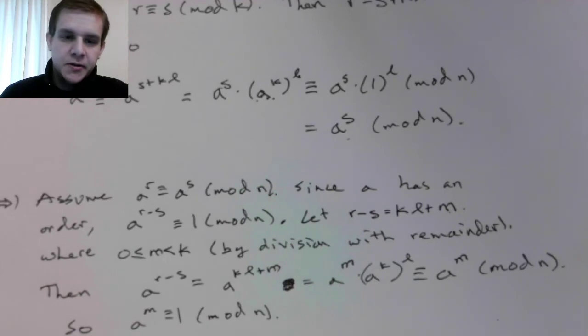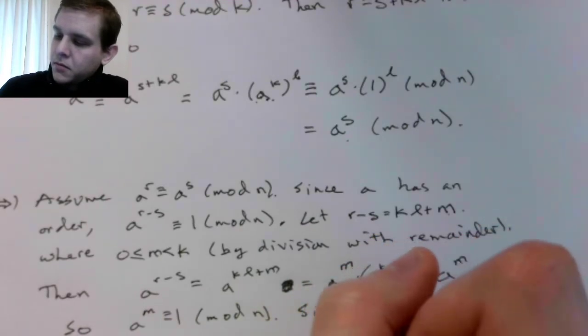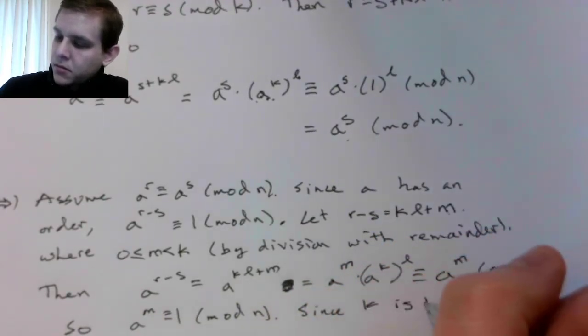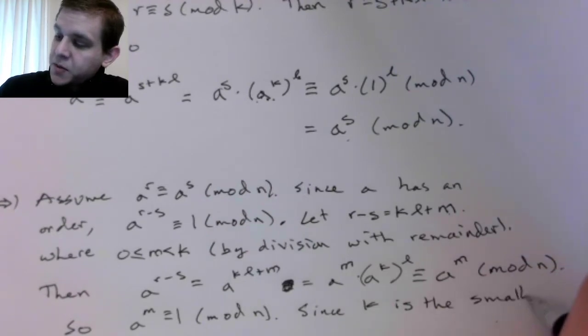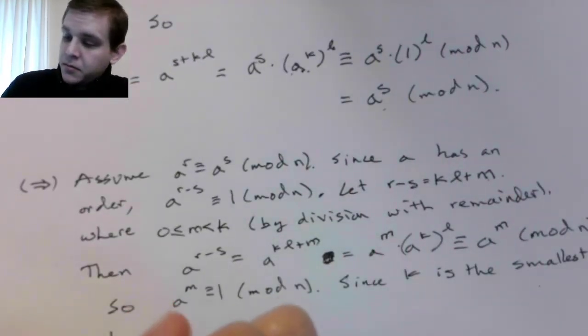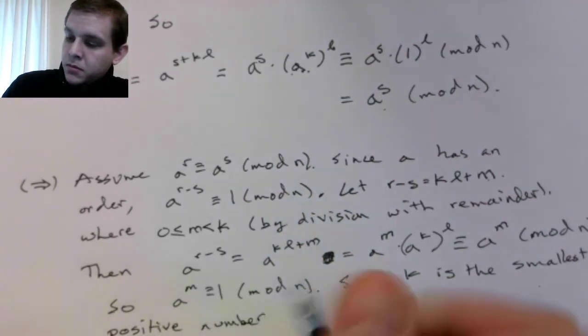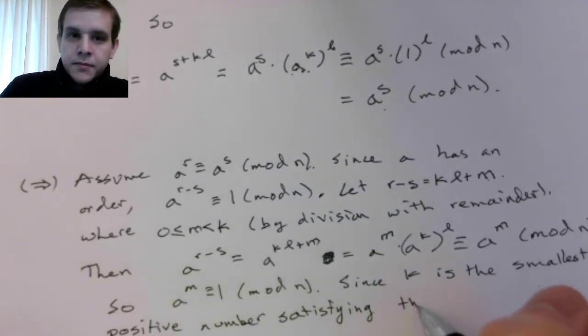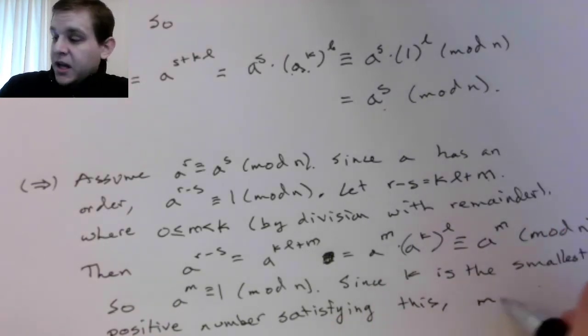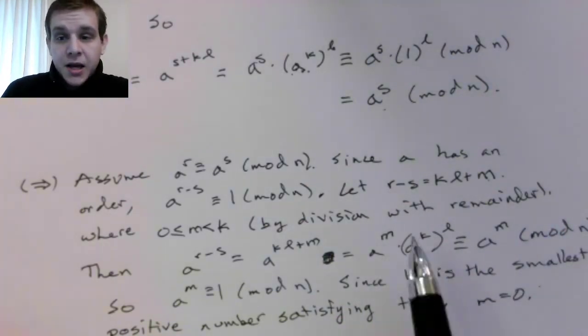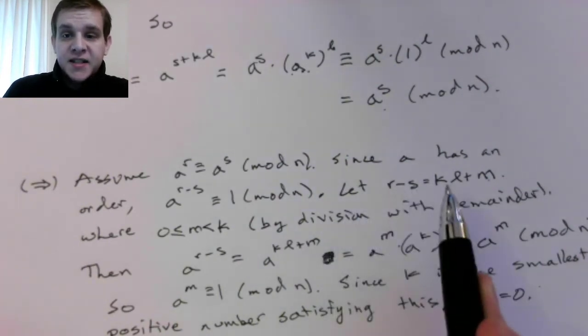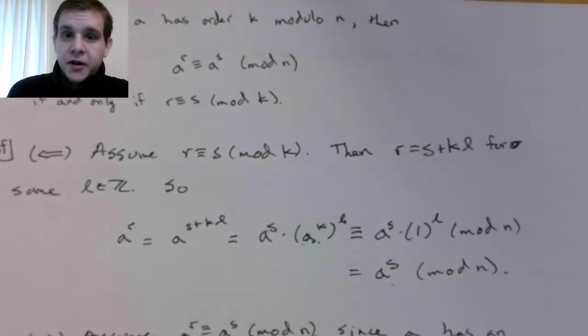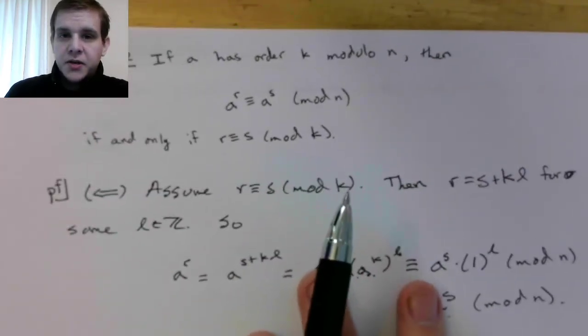Therefore, m has to be 0, since k is the smallest positive, non-zero number. I get that m equals 0. And since m equals 0, I know that r minus s is k times l, which is just to say that r is congruent to s modulo k.